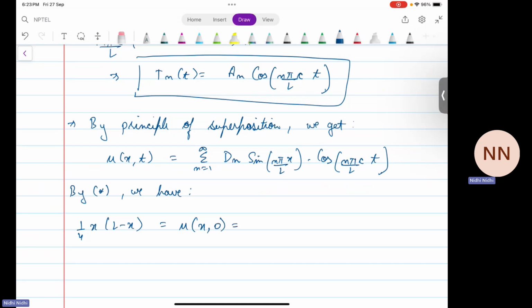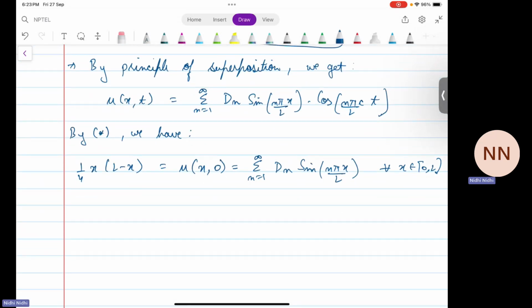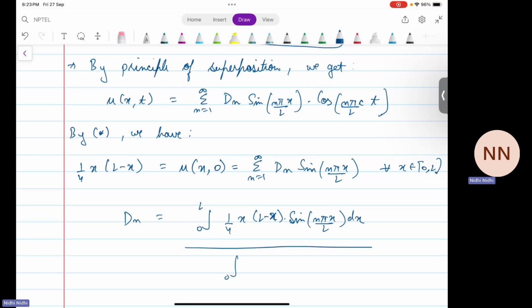Since cos 0 is 1, we have the summation n from 1 to infinity dn sin(nπx/L) for every x from 0 to L. From here, we know that we can find these coefficients dn, and they are given by dn equals the integration 0 to L of 1/4 x(L minus x) times sin(nπx/L) dx, divided by the integration 0 to L of sin squared(nπx/L) dx.